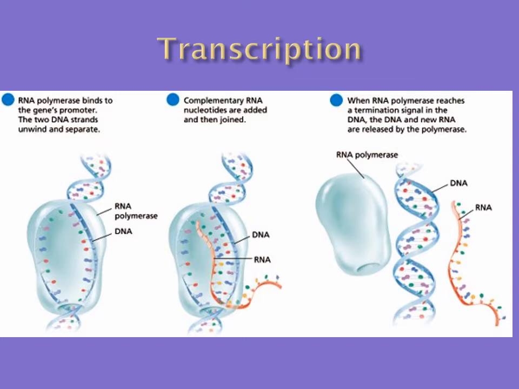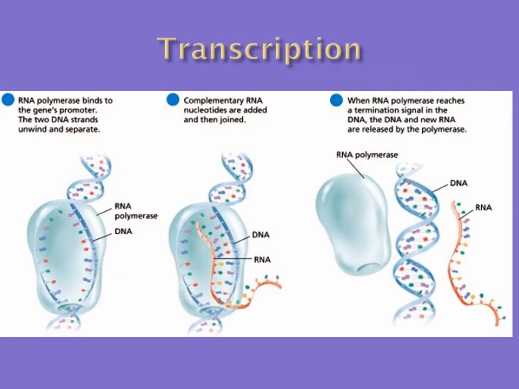So we copy that side of the ladder and we make this little RNA message. Once the RNA polymerase reaches a termination signal, over towards the last picture, that tells the enzyme to stop making the copy. So it detaches from the DNA. It also lets that RNA message go away from the DNA, and we can see that the DNA goes back to being that twisted ladder.